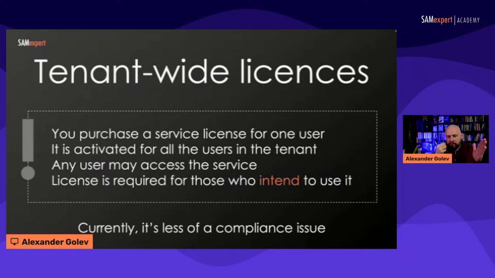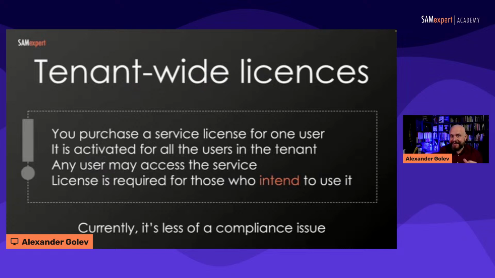So, for example, if you have 1,000 users and you bought only 5 such licenses, you assign them to 5 users. If only those 5 users are using that feature and nobody else uses it, although they have access, you're fine, you're not non-compliant. And Microsoft won't punish you. But you must pay attention to who is using these features.